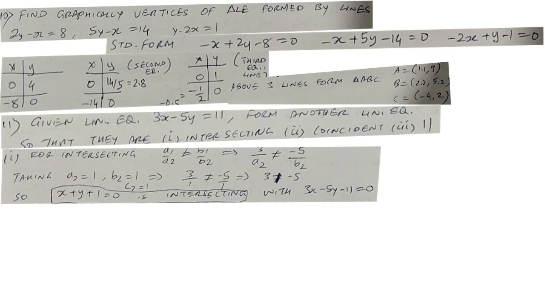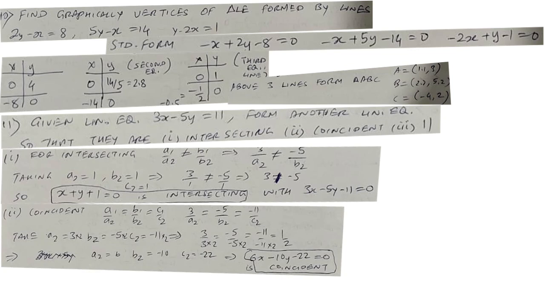What then happens is 3 by 1 is not equal to minus 5 by 1, that is 3 is not equal to minus 5. So x plus y plus 1 equal to 0 is intersecting with 3x minus 5y minus 11 equal to 0. The way you find the intersecting line is to choose a2, b2 and c2 such that a1 by a2 is not equal to b1 by b2.